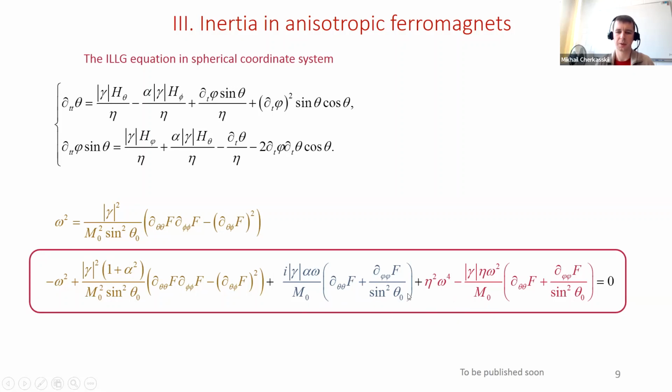And if we set these alpha and eta parameters to 0, then the famous Smit-Beljers relation can be obtained. So we have two approaches, without inertia and with inertia, and we can find the difference between these eigenfrequencies.